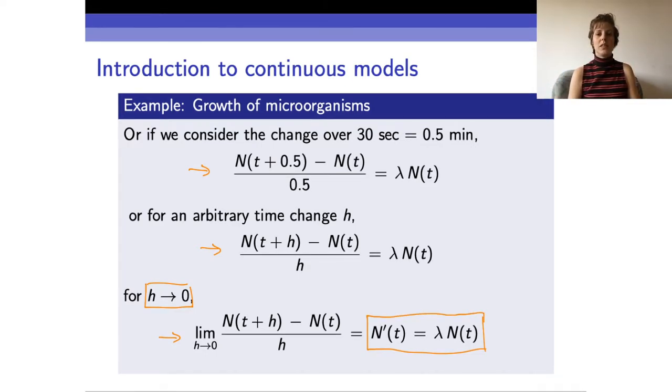So the continuous model is when we choose to see the time change as infinitely, like, really small, yeah.